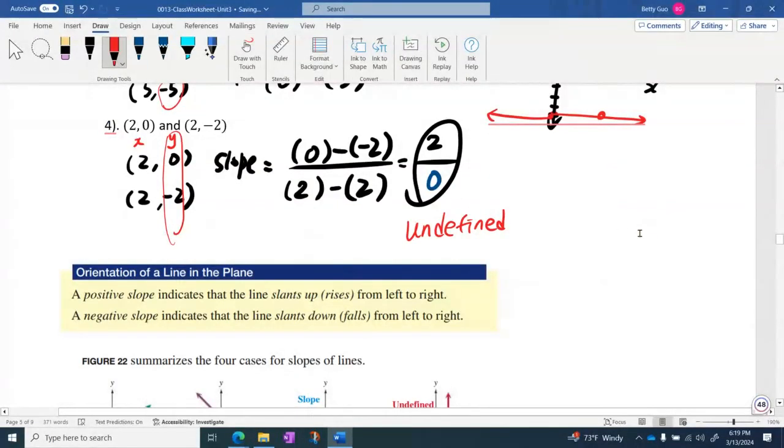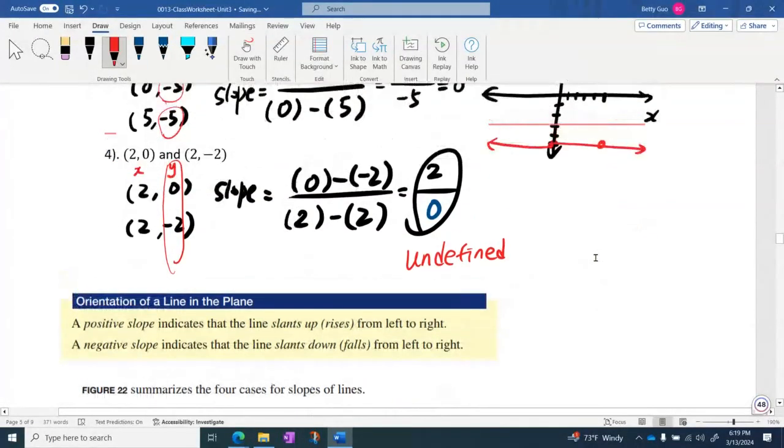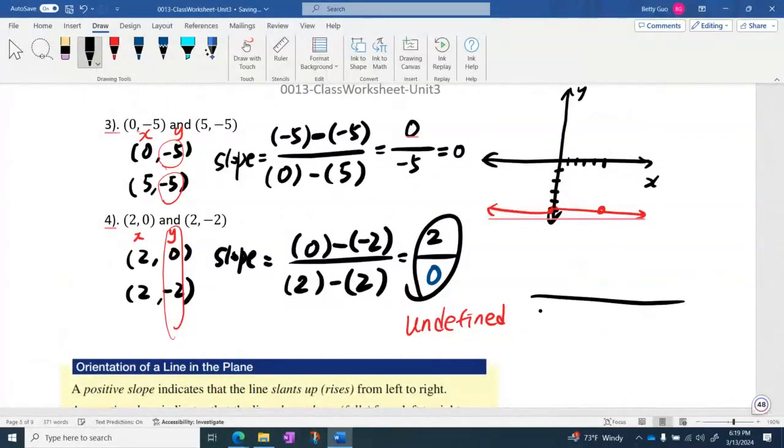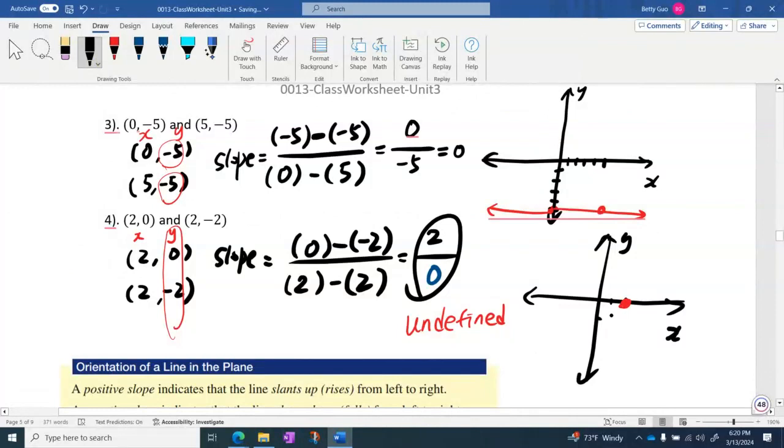A vertical straight line does not have a slope. How do we know it's vertical? Let's graph it. (2, 0) is here, and (2, -2) is here. They're collinear. Connect them and you get a vertical line.